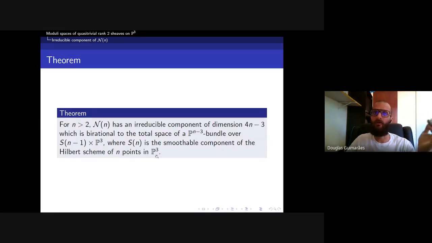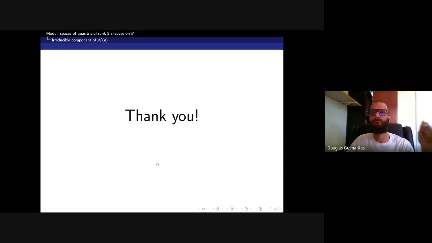Moreover, like we did before, when n is less than or equal to 10, this is the only irreducible component of our moduli space. Thus, it gives a description in some sense of our moduli space, and this is our main theorem. We have this description for n less than 10, and for general n we have this irreducible component. So I think my time is over, so thank you.